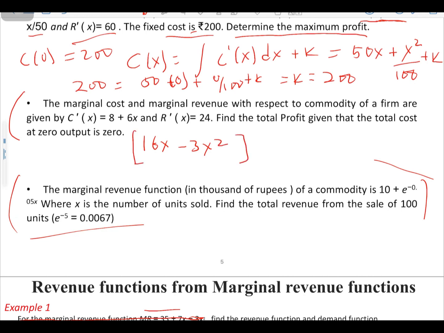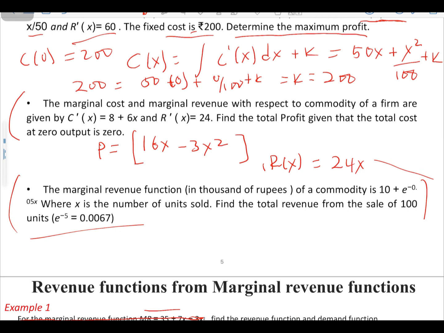That's your profit. So follow the same procedure, you'll be able to get your answer. And your revenue function, R of x, you are going to get something like 24x. So remember that.